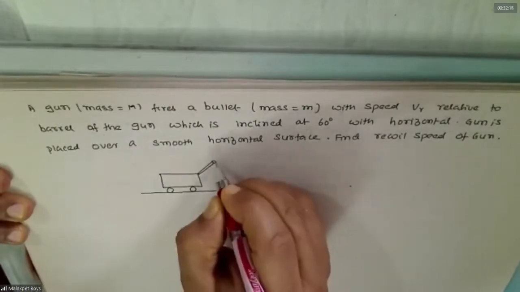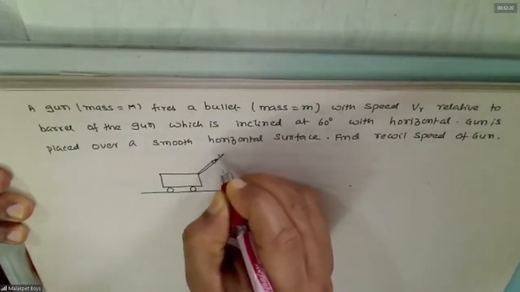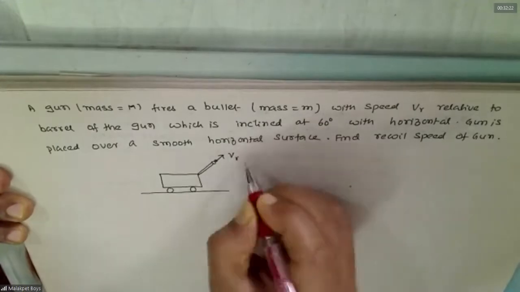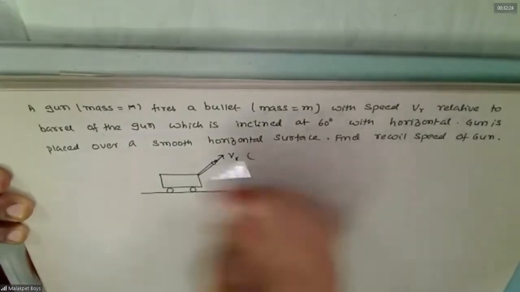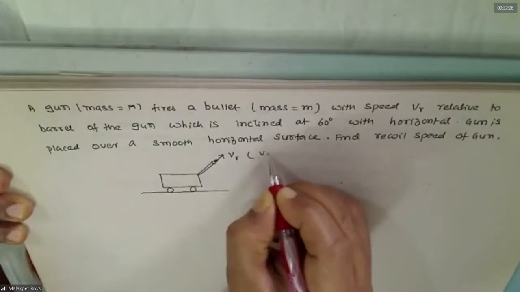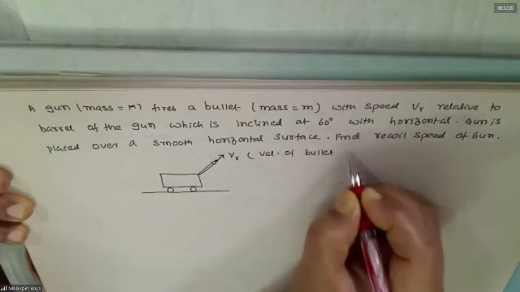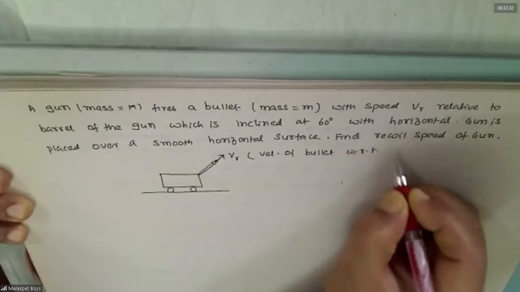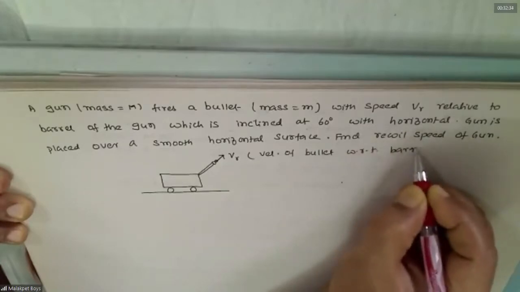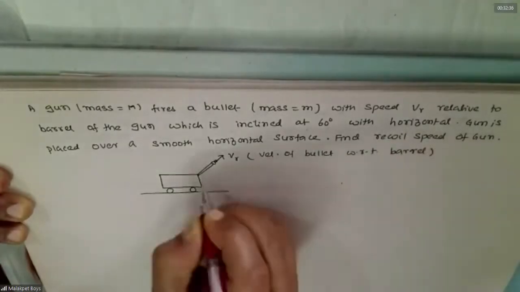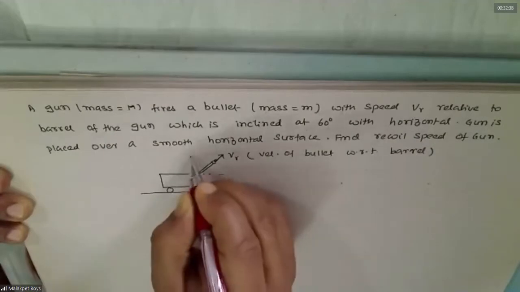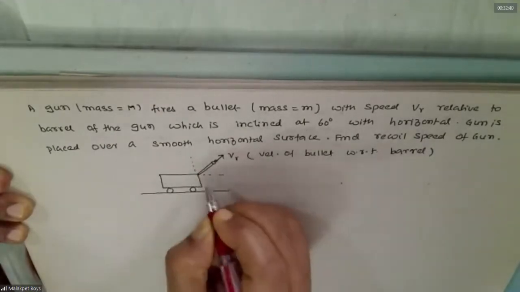What he says is the bullet will come like this. This is the velocity of bullet with respect to what? With respect to gun. Barrel of gun means with respect to gun. This is 60 degrees.